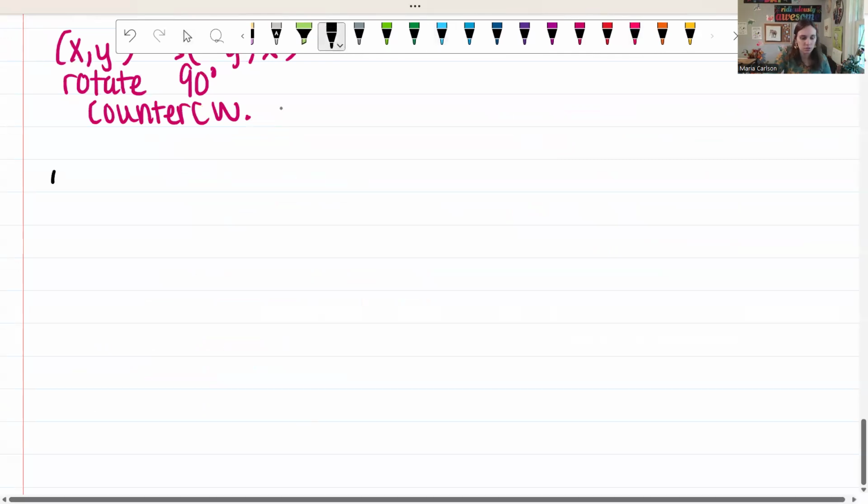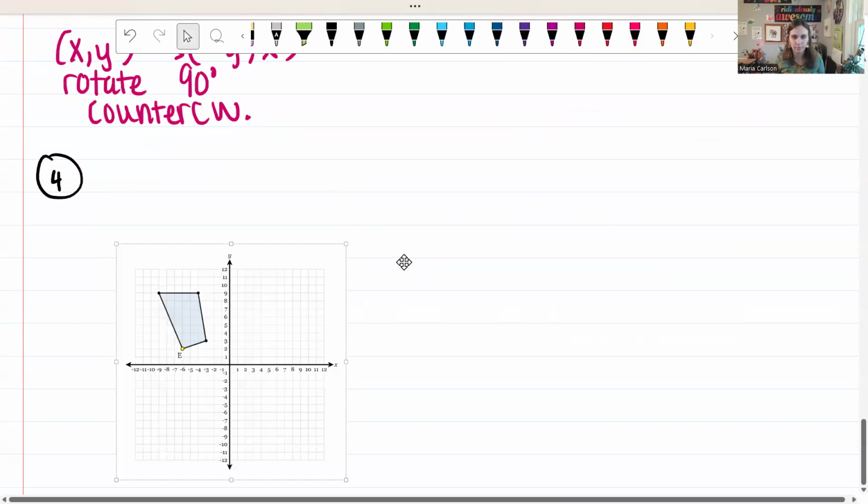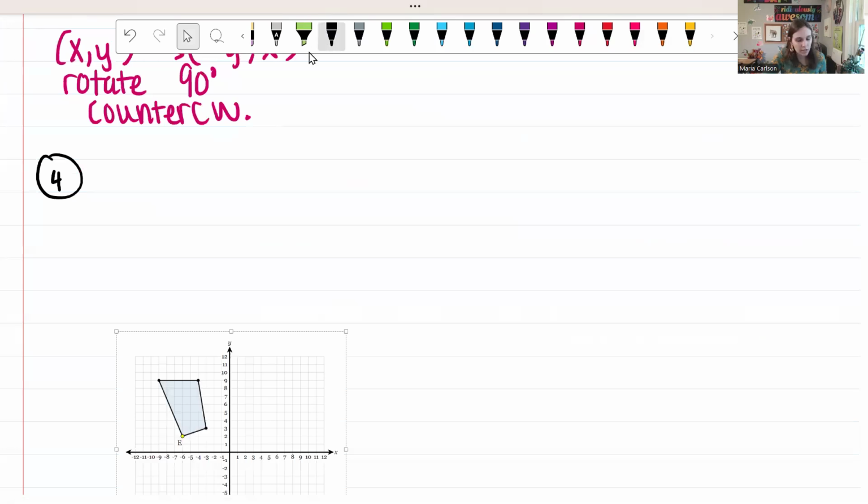Number 4. And this has the diagram, which is available in the lesson notes. Please take this moment to print it out or recreate it for what you can.